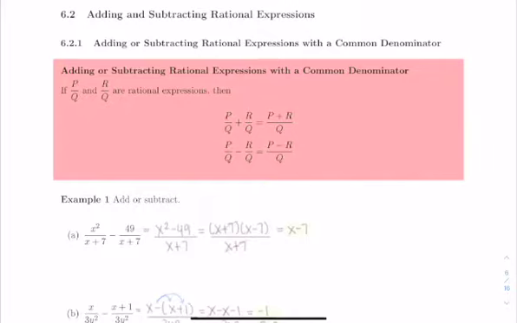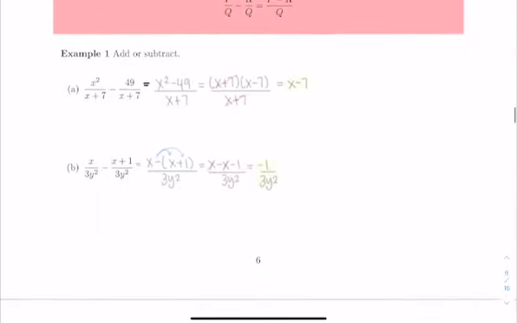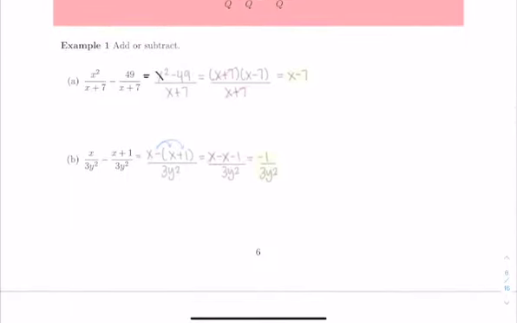So we have x squared over x plus 7 minus 49 over x plus 7. Because I have the same denominator, I can combine the tops together, and I get x squared minus 49 all over my common denominator of x plus 7. Once we have it written as a single fraction, we want to simplify.